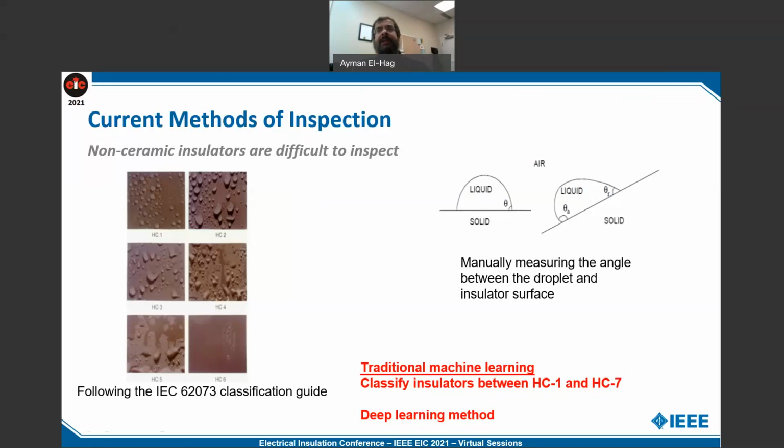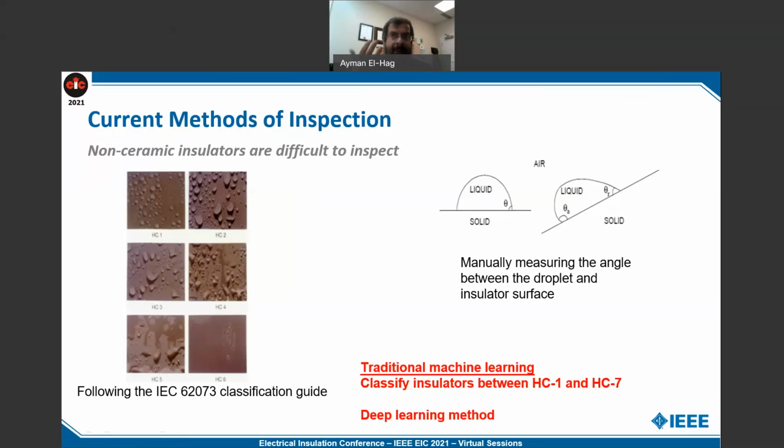So what we did in the previous publications, we tried to use machine learning algorithms and try to automate this process so that we can classify the insulators without the need of any expert to be able to do that. Instead, we have the expert system, if you may say. Machine learning is good.